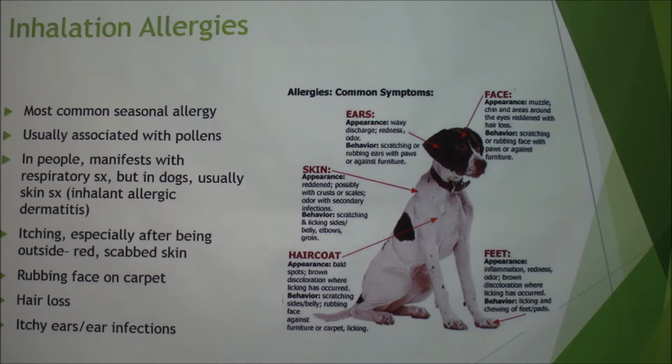You can still have the respiratory symptoms that people do, but more commonly it's skin-related issues. So you can get itchy skin, red scabby skin. Sometimes dogs will come in from outside and rub their face on the carpet because it's itchy. If they scratch a lot, they can also get hair loss, and they can also have itchy ears or ear infections.